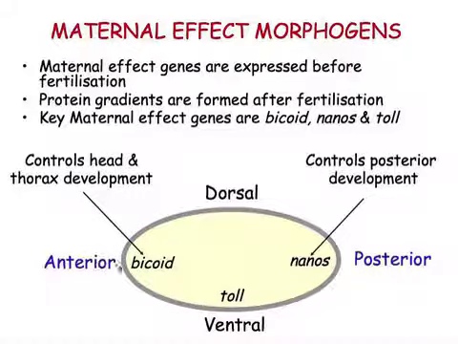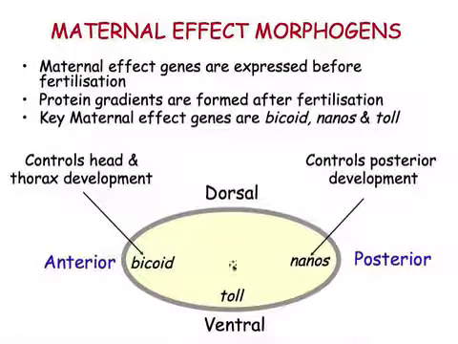Again, here's our anterior, here's our posterior, and this is the axis that we're looking at. The maternal effect morphogens are derived from those nurse cells through those cytoplasmic bridges. You get the messenger RNA of something called bicoid, which is located in the anterior section of the larva, and the messenger RNA from a gene called Nanos, which is located in the posterior.